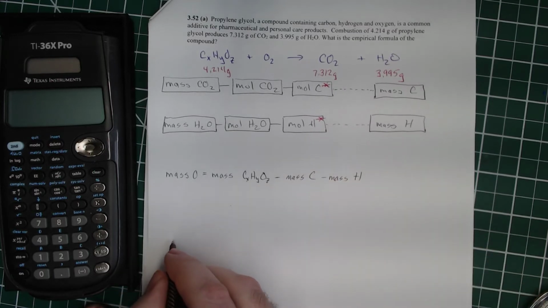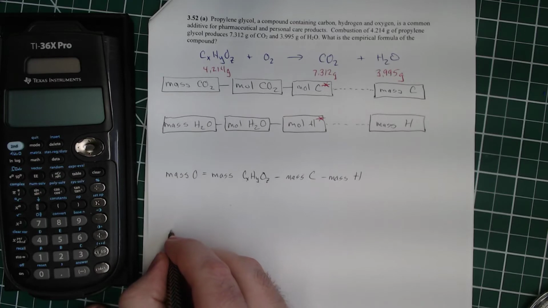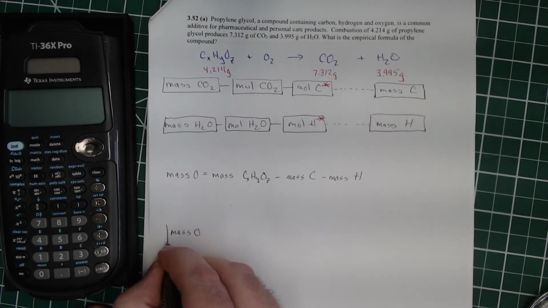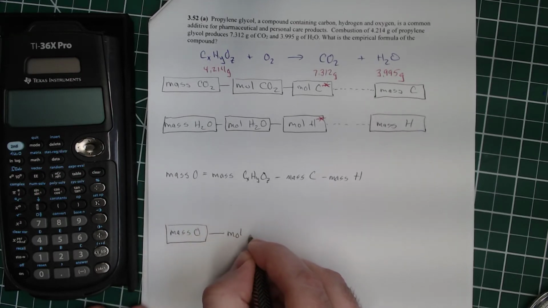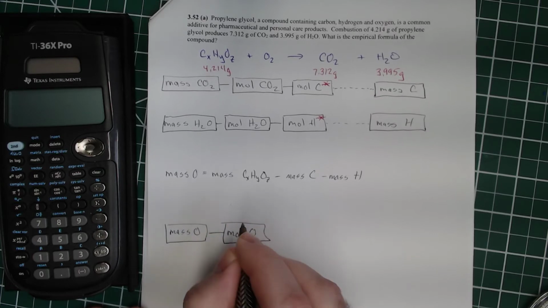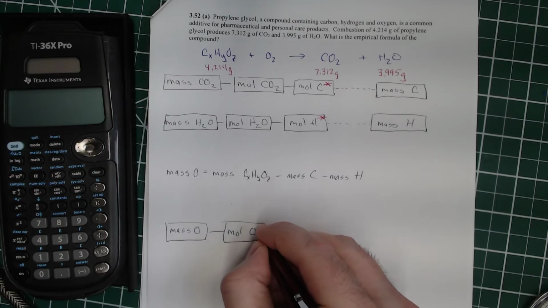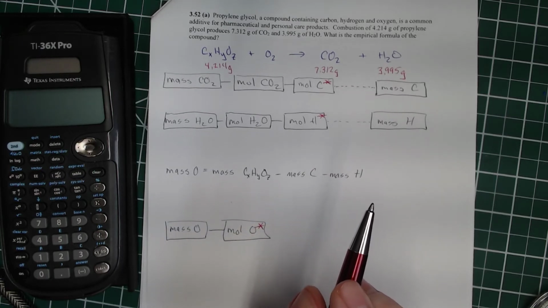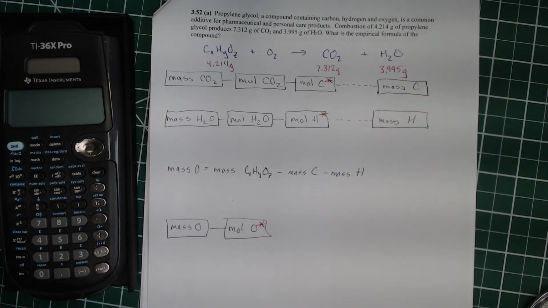All right, we'll leave a little space there because we're going to do a calculation there. Once we have the mass of oxygen, we're then going to calculate the moles of oxygen. And that is our final number, our final important number. And so once we have that number, then we'll be able to divide by the smallest, and that will give us our empirical formula.